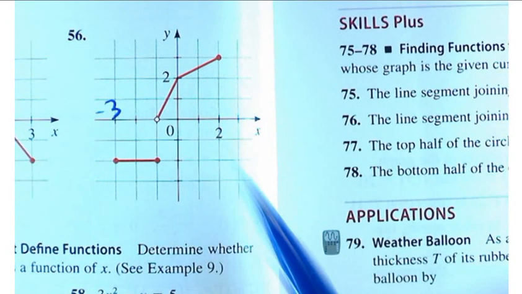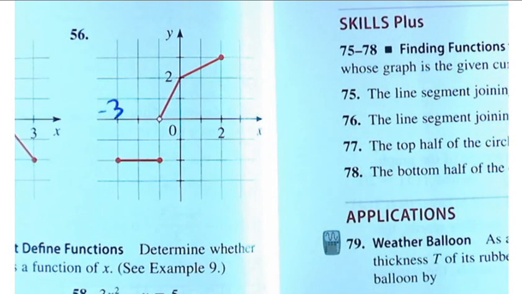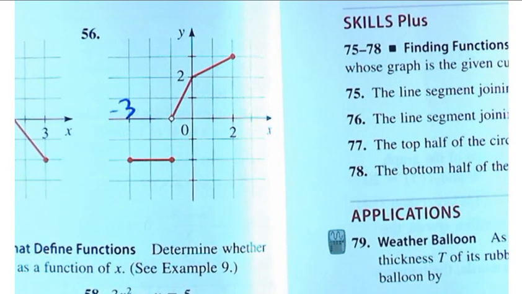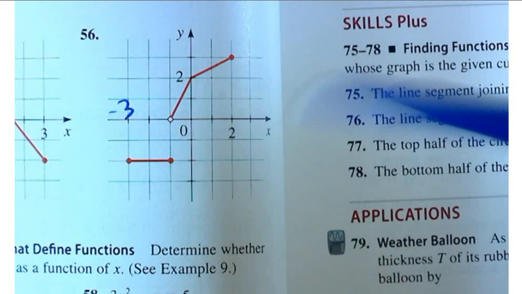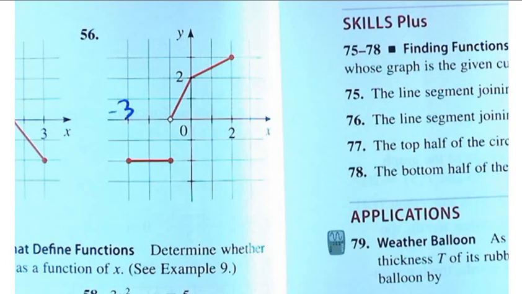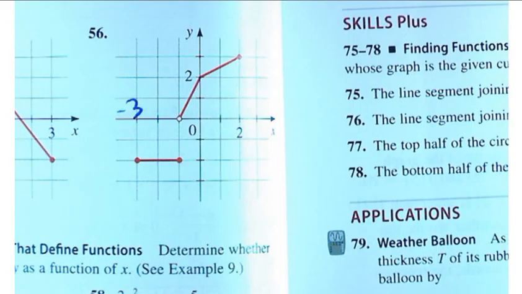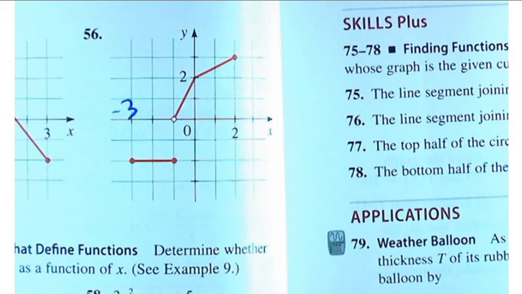The range is just the y values, and the range is going to require a little bit more thought here. You've got some y values here, but it's not the whole story. So what would we list for the range? Any brave souls this morning?